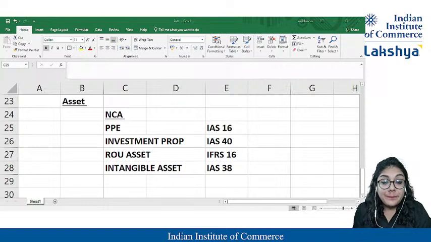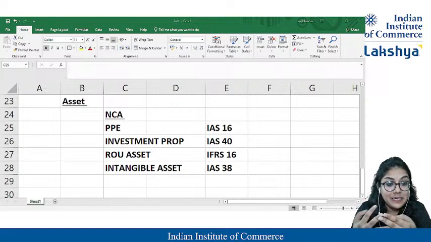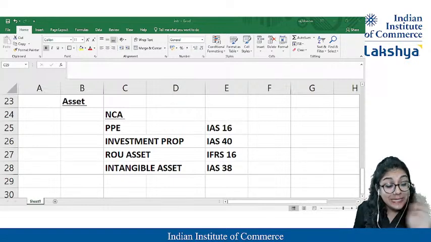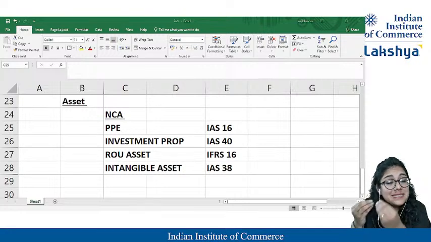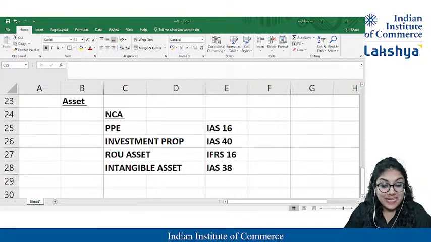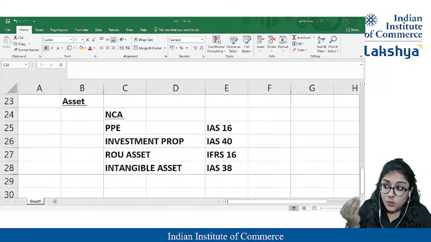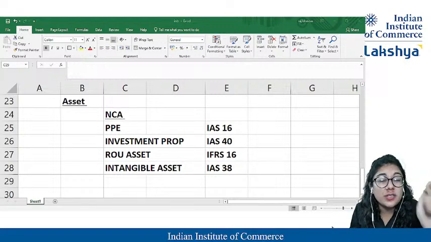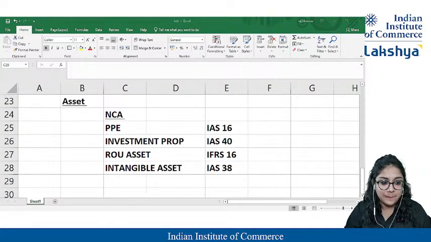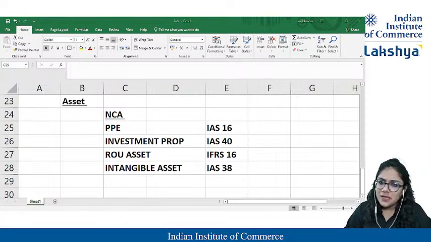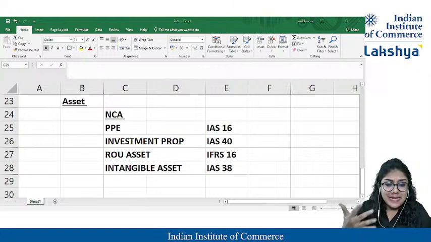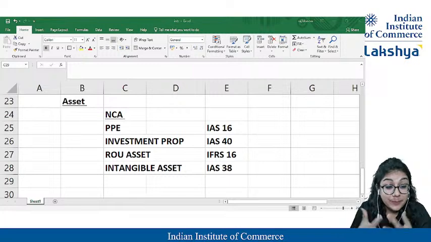Why? Because when we understand the definition of an asset, not intangible, but just an asset, we should know that the entity should control it, the cost should be measured, and the future economic benefits should be there. But in a research phase, we are really not sure whether I'll be successful in getting that, whether I'll be successful in completing the project.